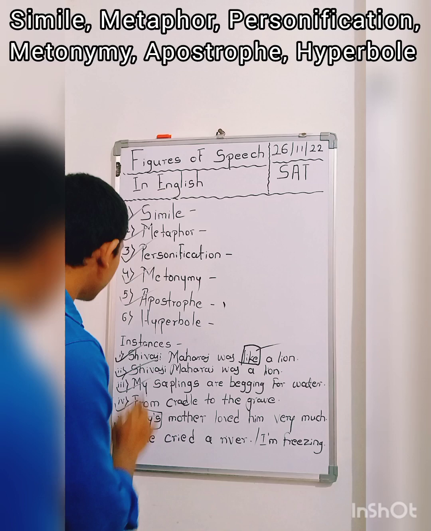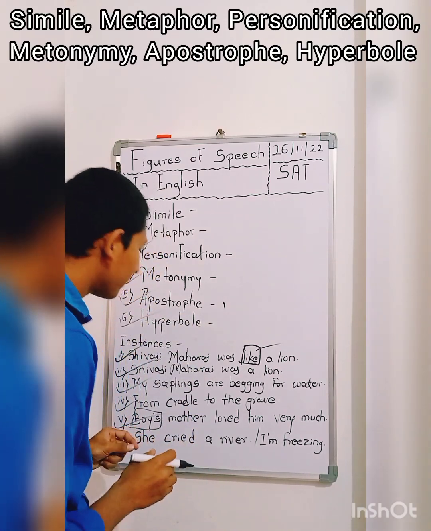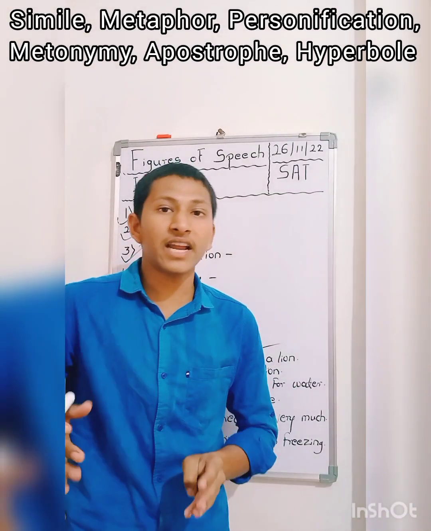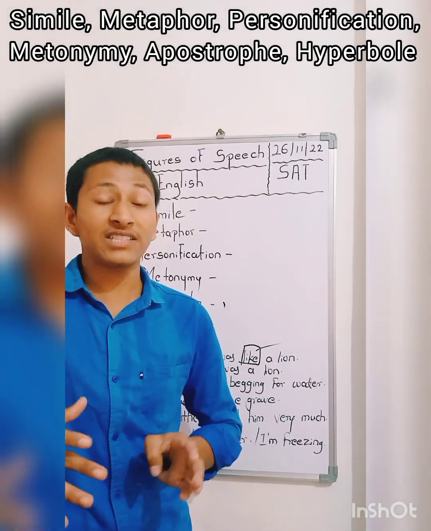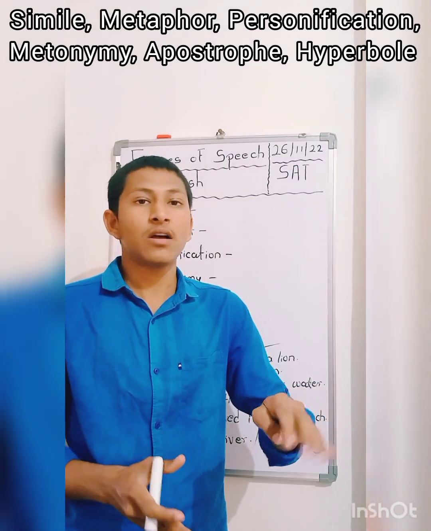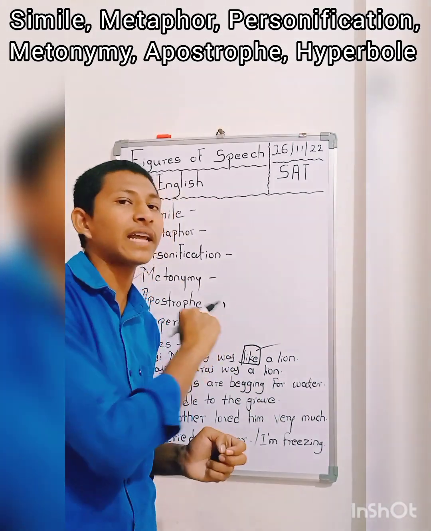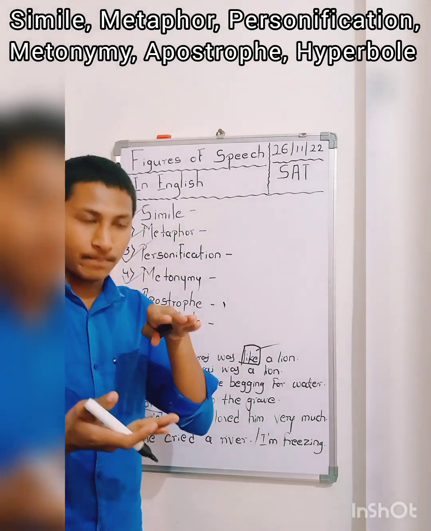And the last one is hyperbole. We use hyperbole when we give exaggeration to the sentence, or when we add extravagance, showing emphasis. In Kannada we call that atishokti.